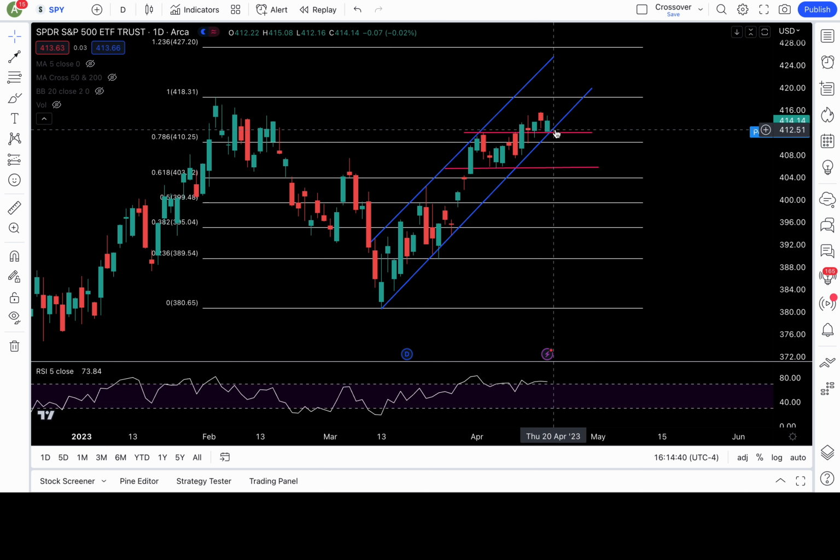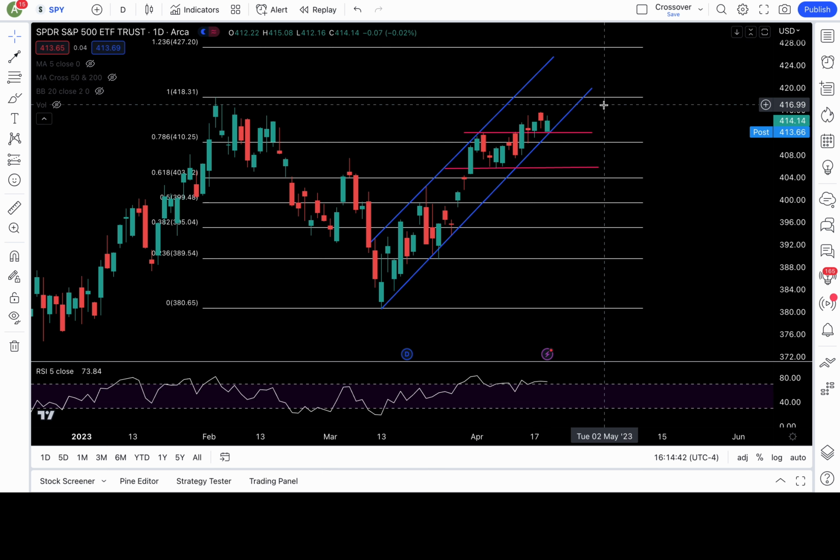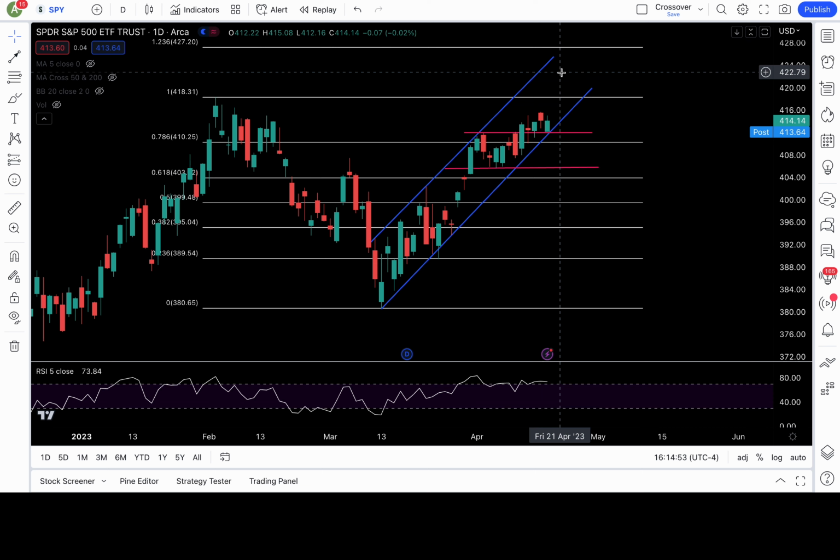So 412 to 412.8ish would be a critical support zone for bulls. They must defend that zone, stay above this pink trend line and this rising channel, because if we lose these patterns, if we lose the 412 level to be more specific, I think it would be pretty bearish in my opinion.